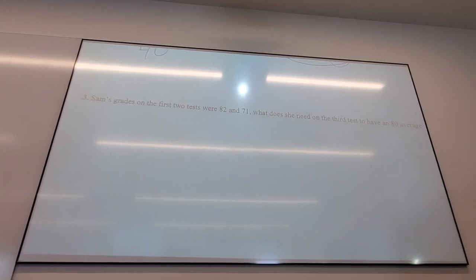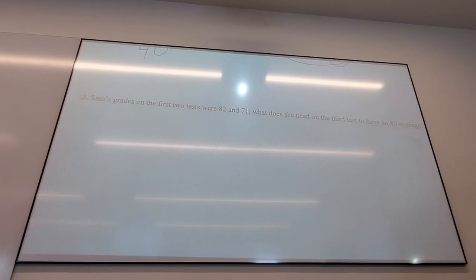What's the only way three numbers can average to be 80? How do you find the average of three numbers? Add them up. Divide by 3. What's the only number you divide by 3 to get 80? 240. I do not know what that third test grade is, but I know that all the test grades together better add up to be 240, because that's the only way I can divide by 3 to get an 80 average. You guys kind of with me?